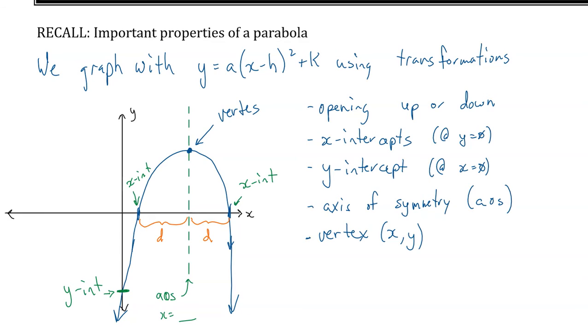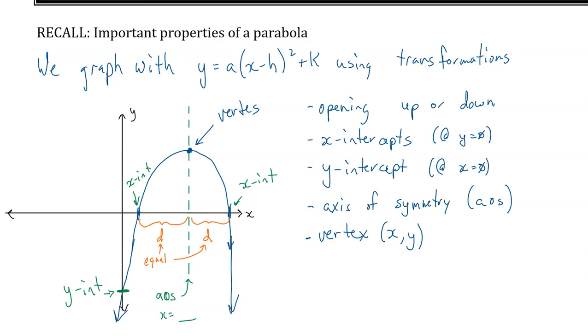So I'm going to call them both d in this case. We're not going to use that variable really, but that's the whole point of the axis of symmetry, is any two values that are like horizontal.